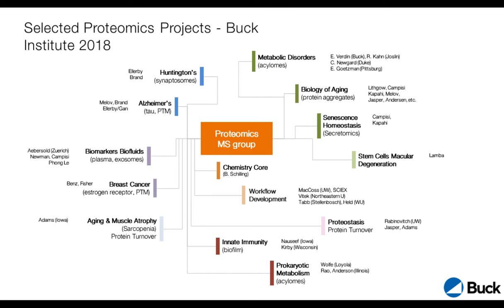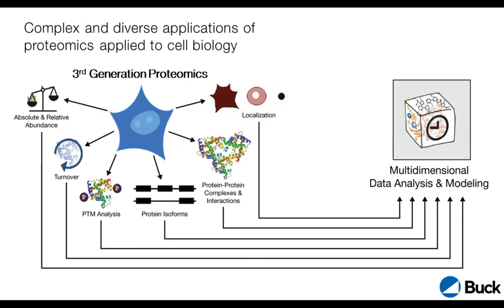So the variety of projects can be very broad. But what is really interesting is that a lot of projects actually have post-translational modifications involved. Some people may only want to look at protein expression, but a lot of signaling and very dynamic aspects in the cell can happen via post-translational modifications.